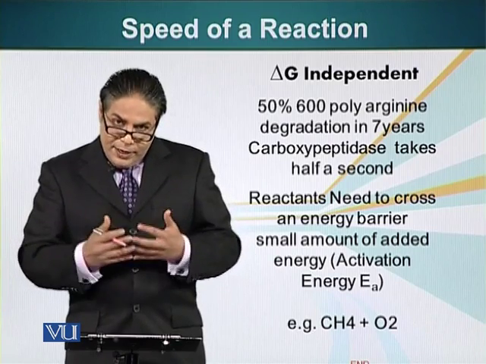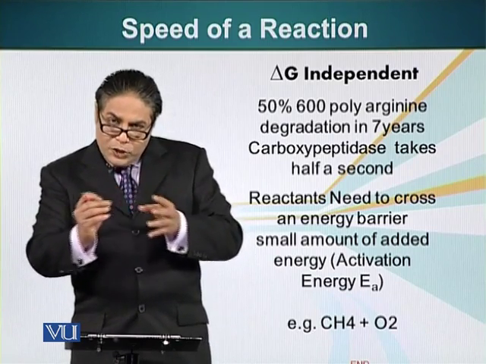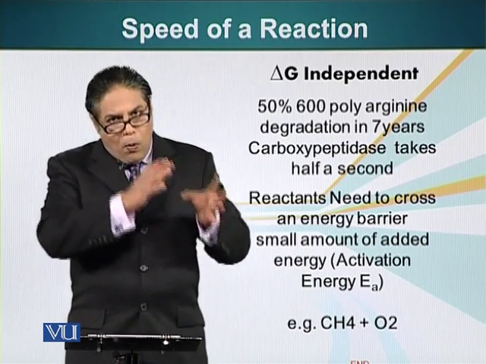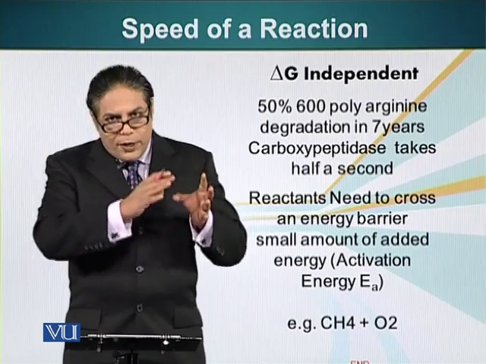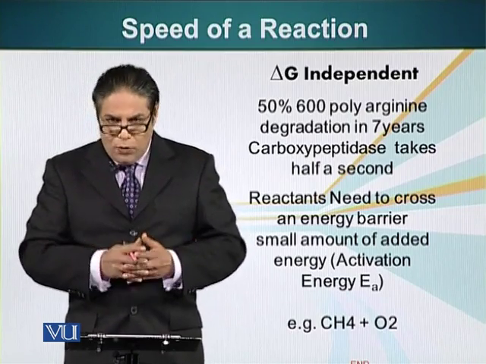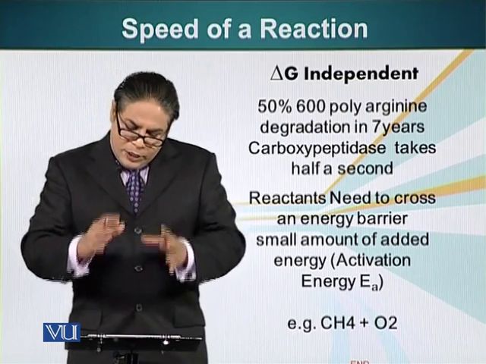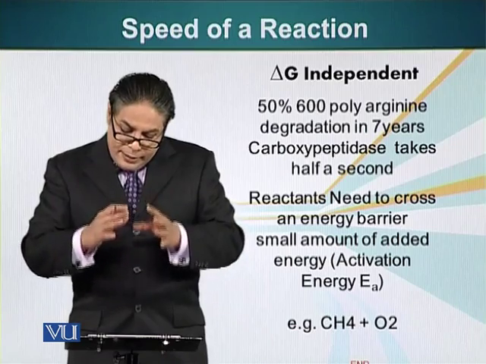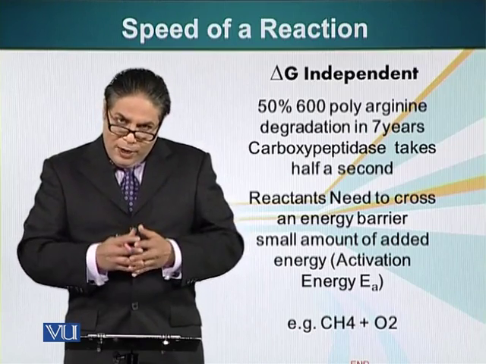It will take 7 years for these amino acids to be released from this polymer. Although we are going from order to disorder, the delta G is a minus number. This process is extremely slow. Although it is releasing energy, it does not occur very quickly.